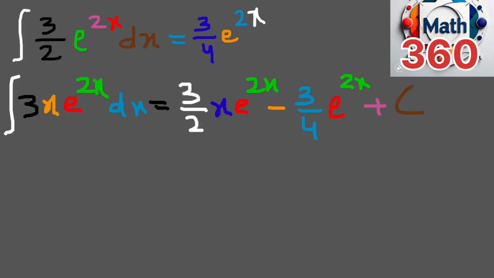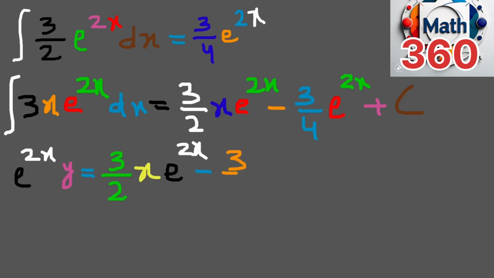Putting this value of the integral into equation 1, e raised to the power 2x times y equals 3/2 times x times e raised to the power 2x minus 3/4 e raised to the power 2x plus c. To solve for y, we divide both sides by e raised to the power 2x.